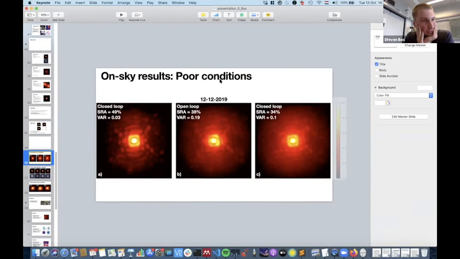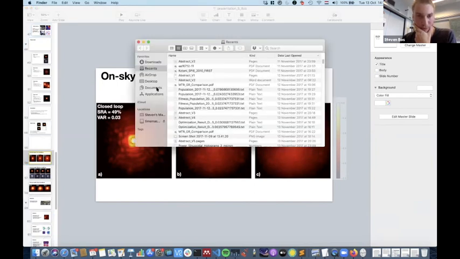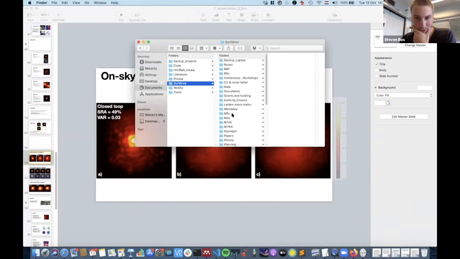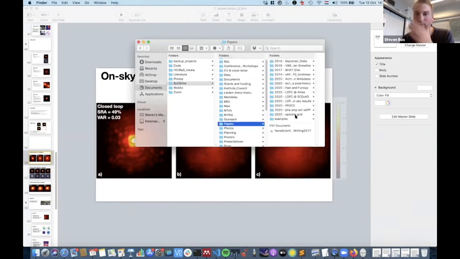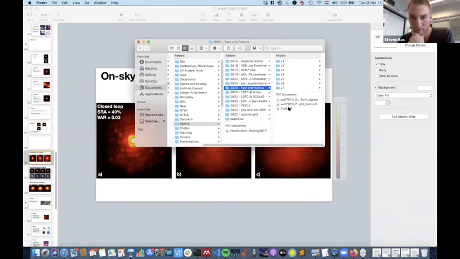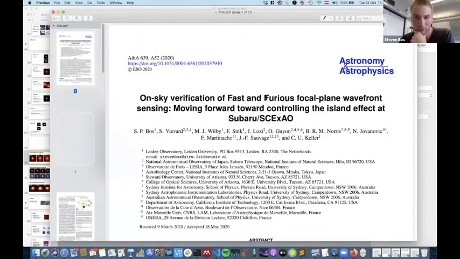I do not know by heart, but what I can show that is probably interesting is, so we wrote a paper about this. I'm going to just pull it up. We did a test where, on the DM, we introduced low wind effect modes with increasing peak to valley amplitude. And we made a nice plot about this.